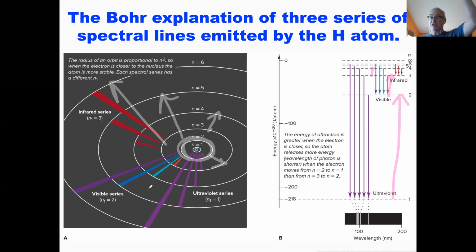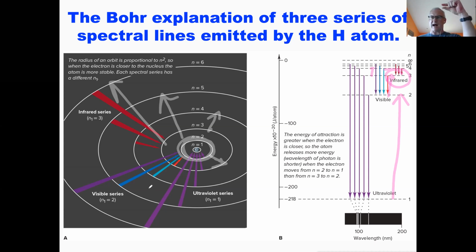But as you fall back from these really high levels to one just below it, that's a really small amount of energy. That's infrared light. Remember, infrared doesn't have as much energy as all the other colors plus ultraviolet.